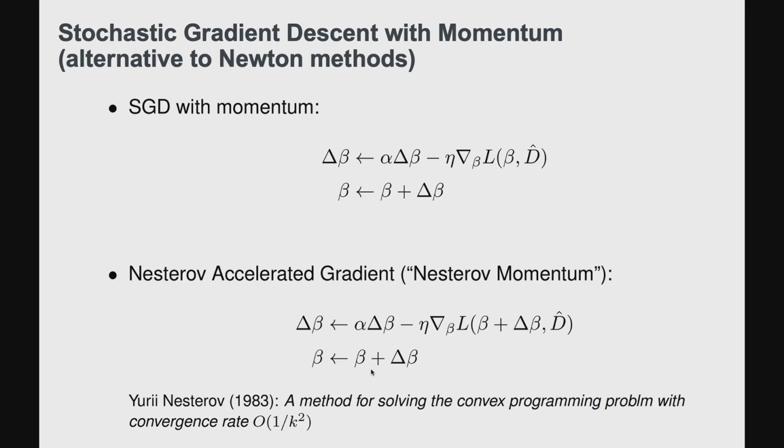This is one possibility. The other possibility, which currently is much more used, is that you use stochastic gradient descent with momentum.